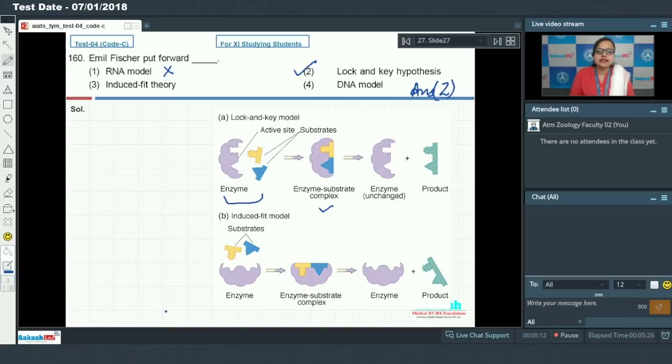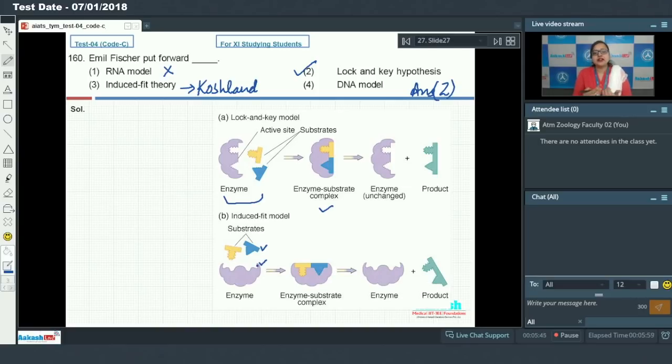Option 3, that is induced fit theory. Induced fit theory is another hypothesis to explain the mechanism of enzyme action, and this theory was put forward by Koshland. Lock and key hypothesis के हिसाब से क्या था कि active site and substrate they have geometrical shape complementary to each other, but according to induced fit model, the active site of enzyme and substrate do not necessarily have complementary shape.